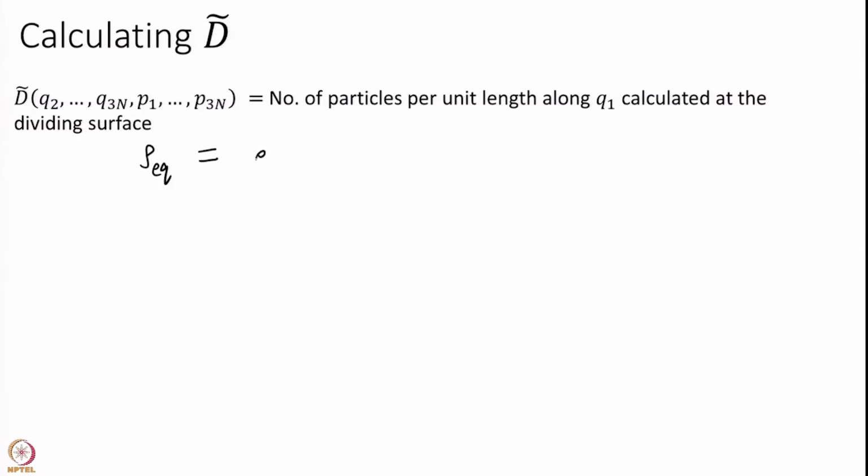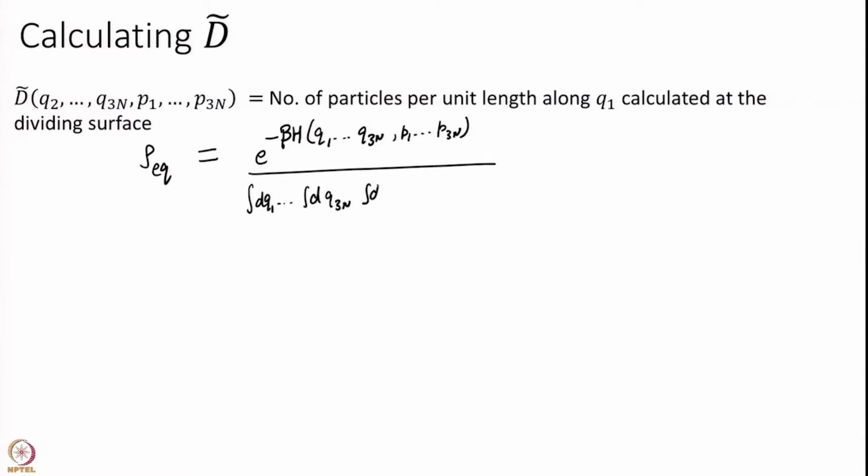Equilibrium density is given by, at any given point, this big integral over 6n dimensions.